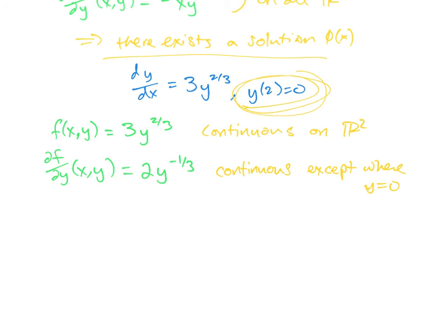So that's exactly the point where we need this function to be continuous nearby. And if we can't take that derivative at our initial condition, then we can't conclude anything. Now, if we had a different initial condition that was away from y equals 0, then we would be in good shape. But in this case, the theorem doesn't apply. That doesn't mean that there isn't a solution to this initial value problem. The theorem just doesn't tell us anything about it.